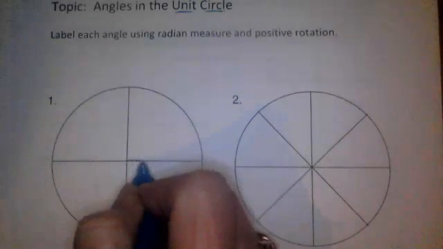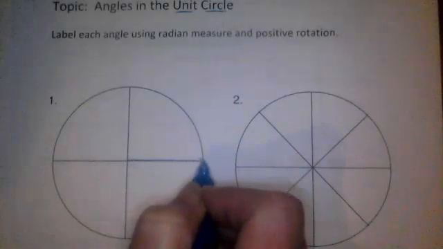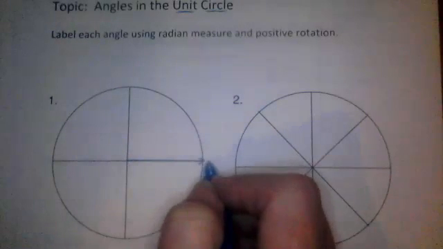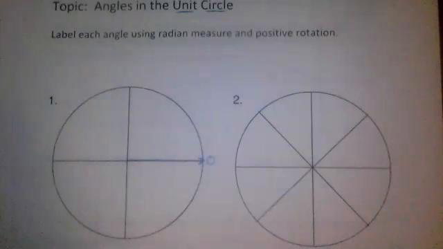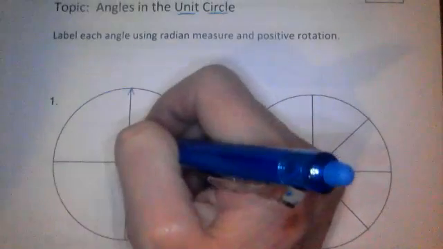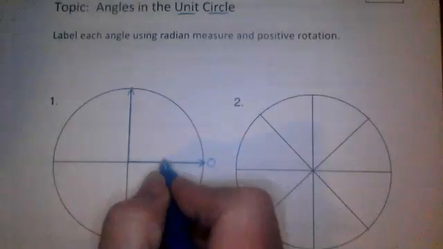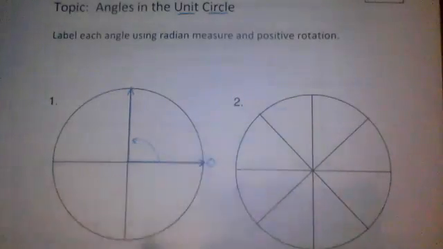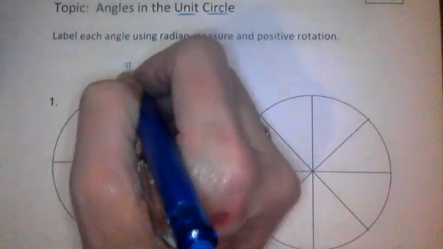So if my initial side is here, and I don't go anywhere, I have 0 degrees or 0 radians. If I go up to here, so I've made this angle coming around, then I've gone to 90 degrees, which in radians is pi halves.